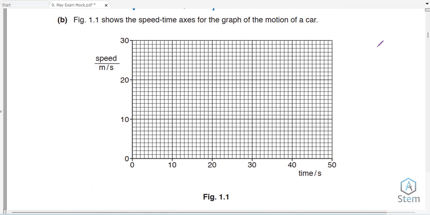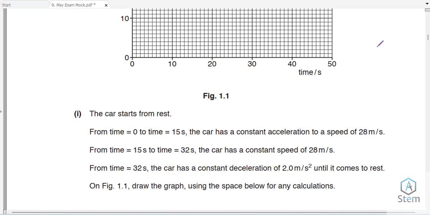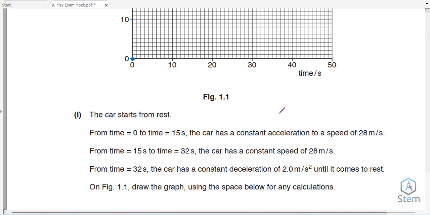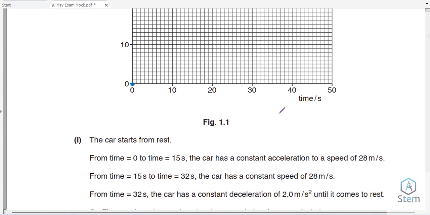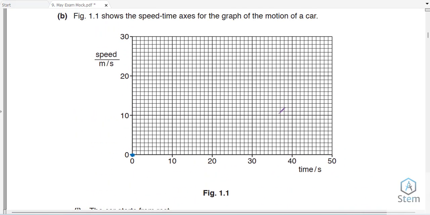We are given a speed time graph for the motion of a car, and this car's motion is in 3 stages. From rest, that is time equal to 0, up to 15 seconds, the car accelerates constantly to a speed of 28 meters per second.